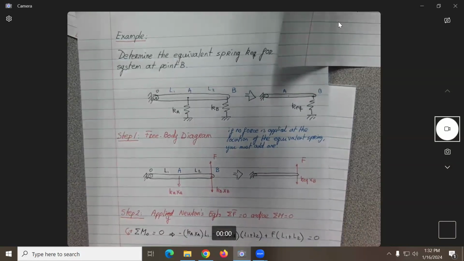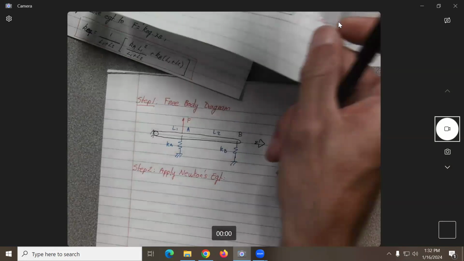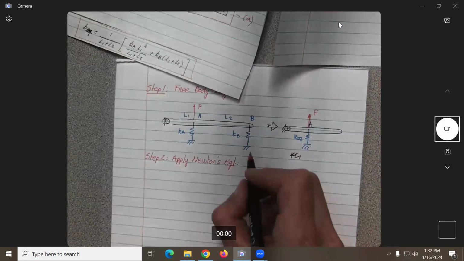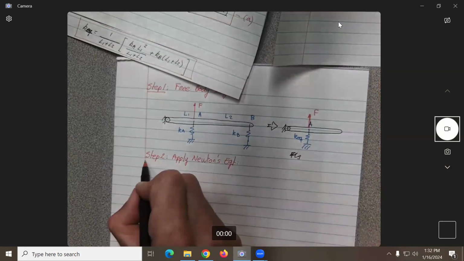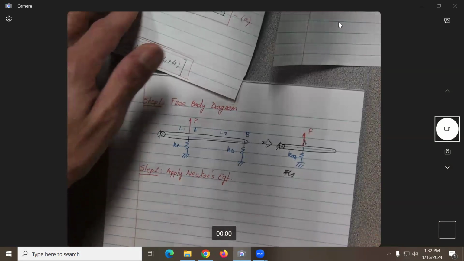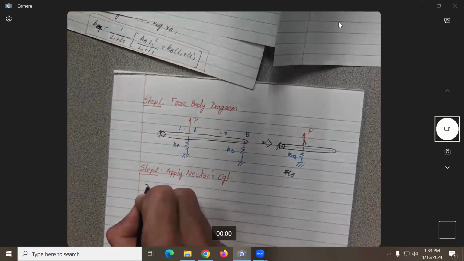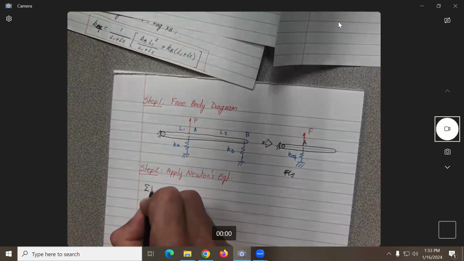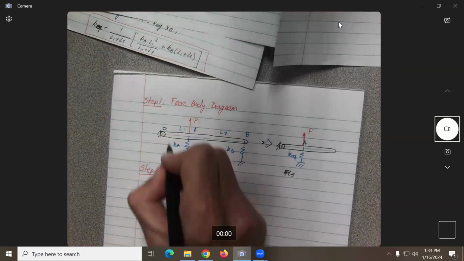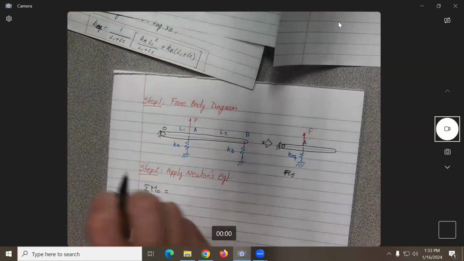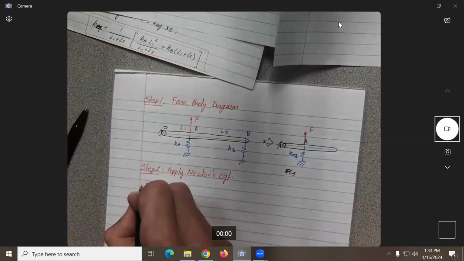Here, just the y should be sufficient. So which Newton equation are we going to apply? What type of motion is this? Rotation, so that means that we take the moment. We take moments about which point? About point O. We can define counterclockwise.